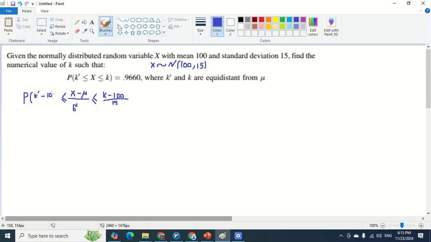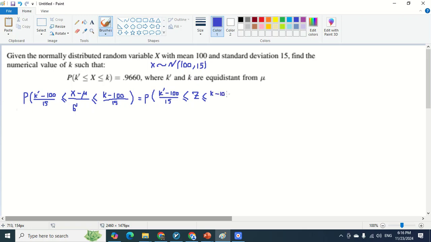After we calculate that expression and transfer it to the normal distribution, we have the probability of z between these two values: k prime minus 100 over 15 is the number at the left, and instead of x minus mu over sigma, I can rewrite it as z, the standard normal distribution. At the right side we have k minus 100 over 15.